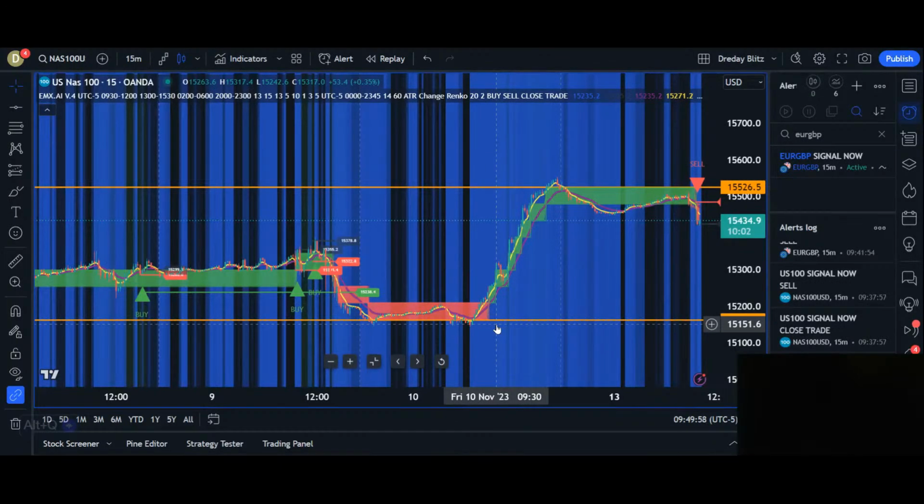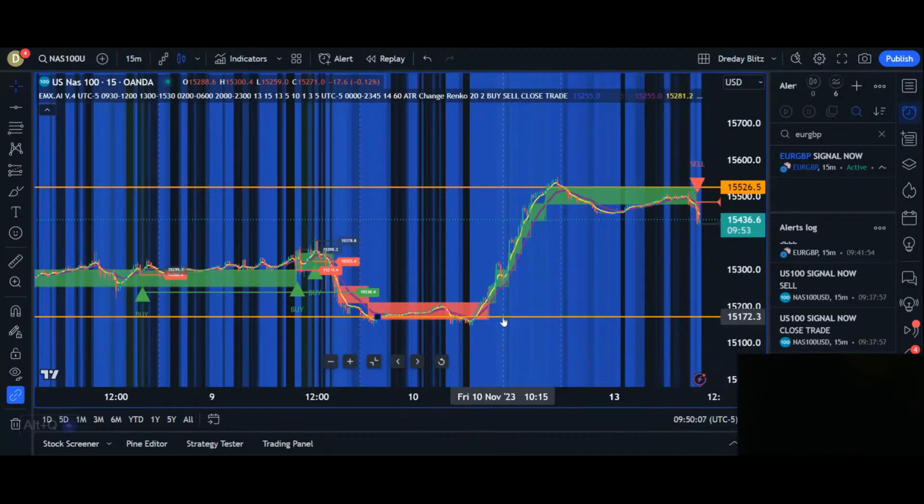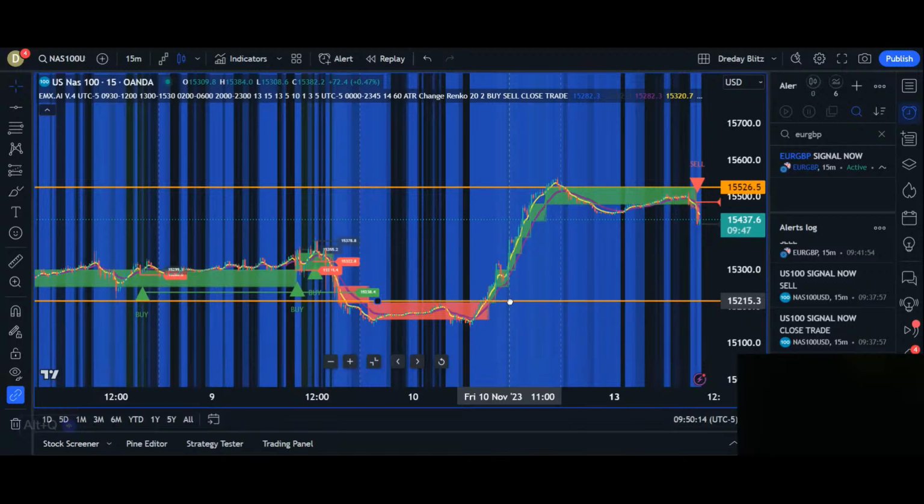The way that you use it, let's say you took the trade here, your trade is currently right here. You just drag your line that you have as a stop loss and you put it at the start of the next Renko.